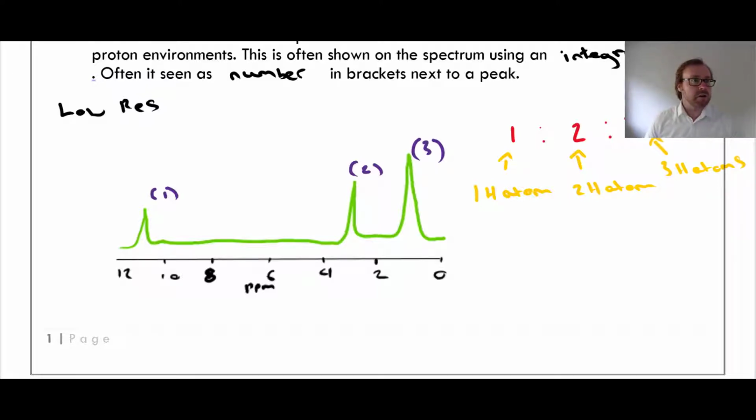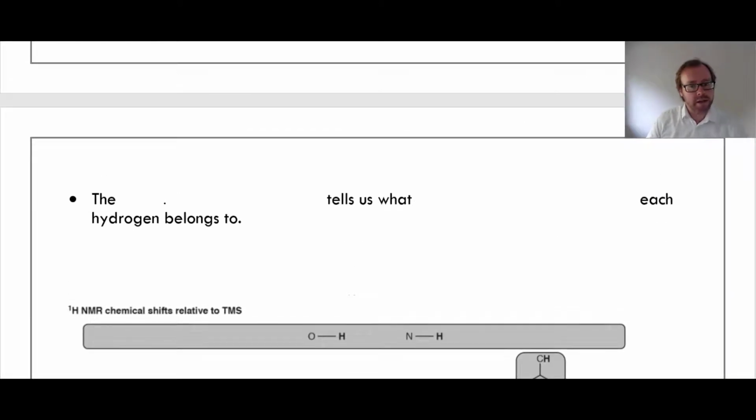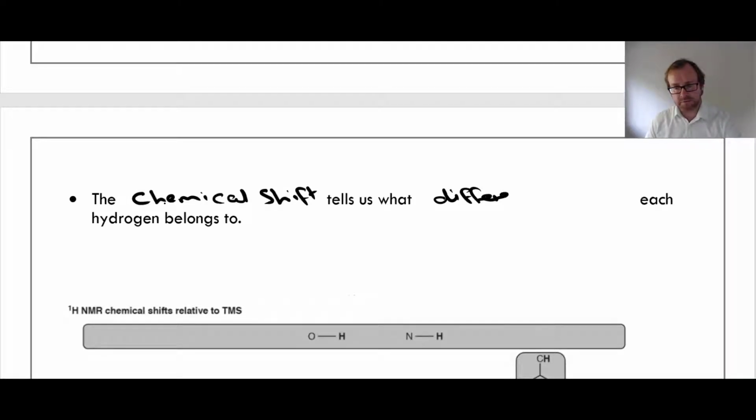Next, the chemical shift values tell us what type of hydrogen environments each hydrogen belongs to.